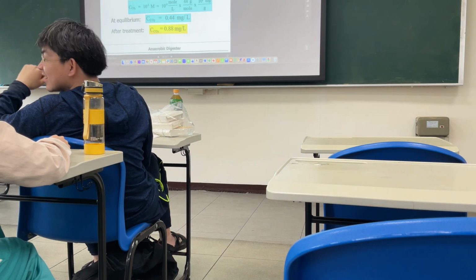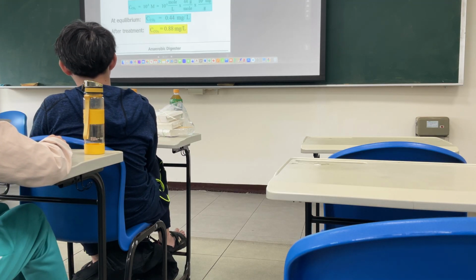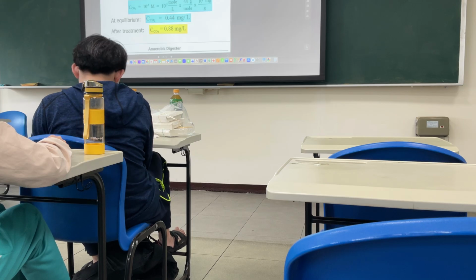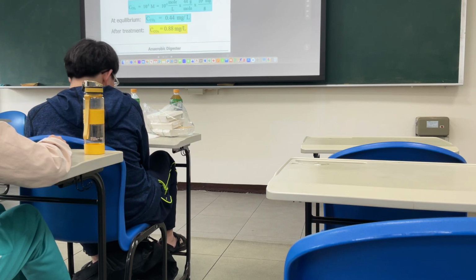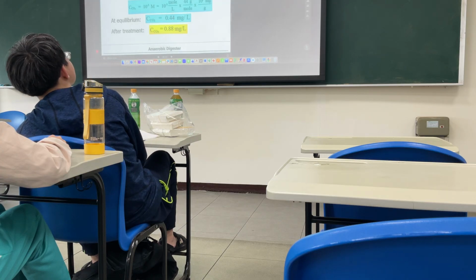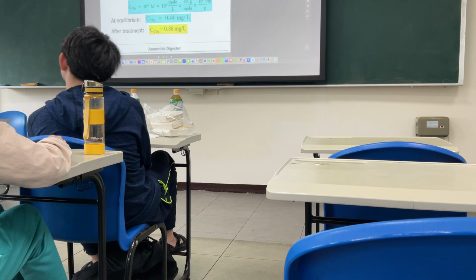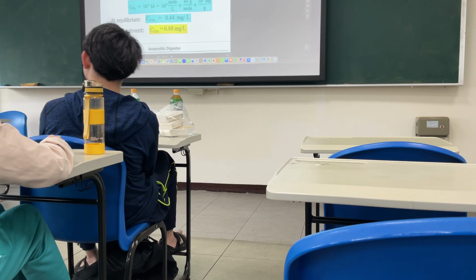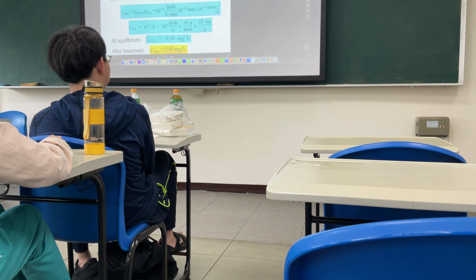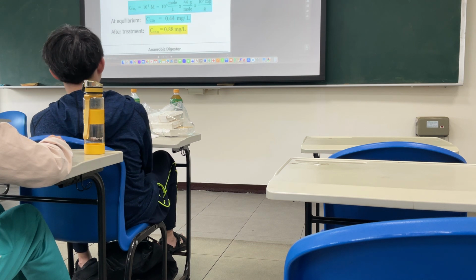So C equals K_H, H stands for Henry's law, times the partial pressure of carbon dioxide. So what do we have for K_H? Sorry, I didn't give K_H. So you need to find it out; rewrite this down.